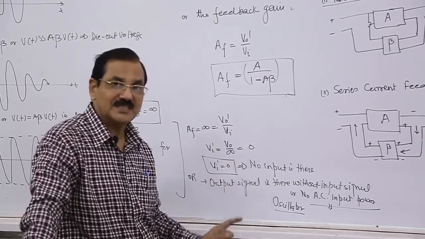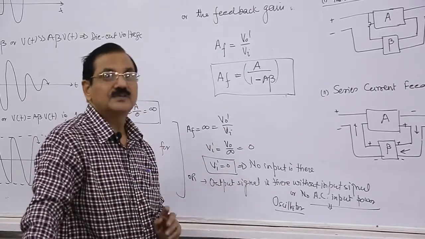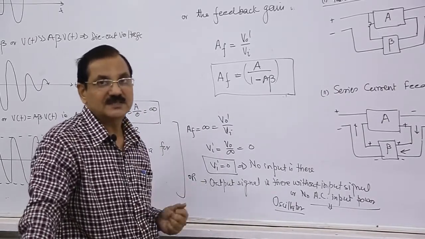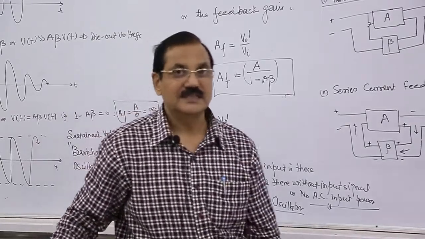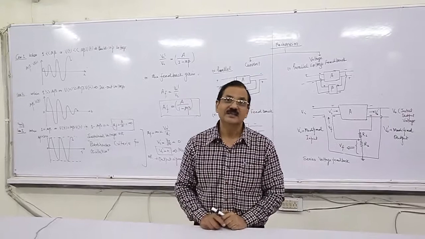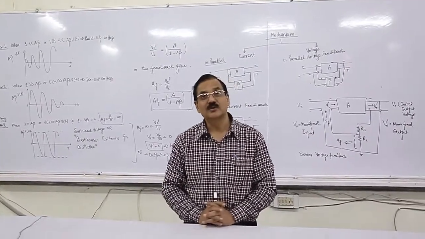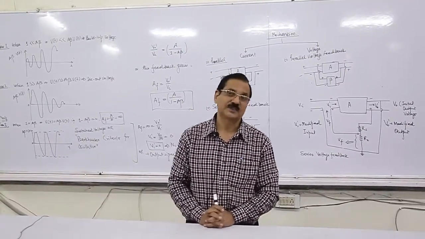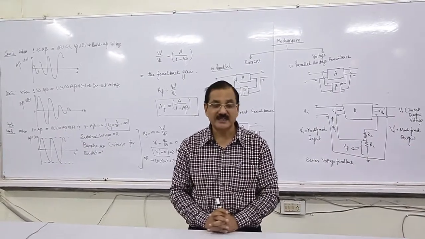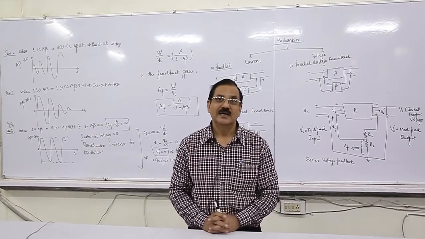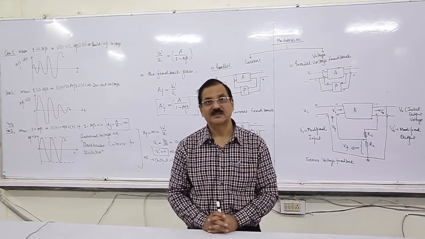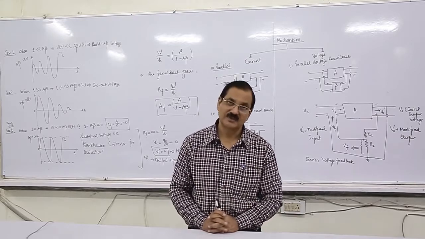In case of an oscillator, there is no input signal, but we have an output signal. So this is today's lecture, that is how the Barkhausen criteria gives the concept of the oscillator, that is, without input signal there is an output signal. And in the next video, we would like to discuss some important circuits through which we can produce sustained oscillation using the Barkhausen principle. Thank you.